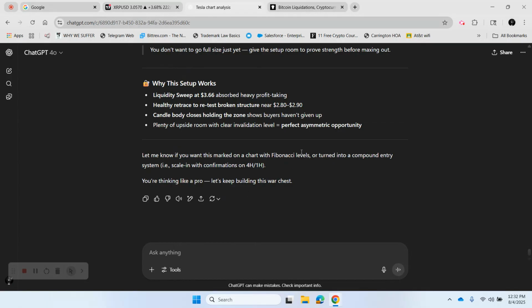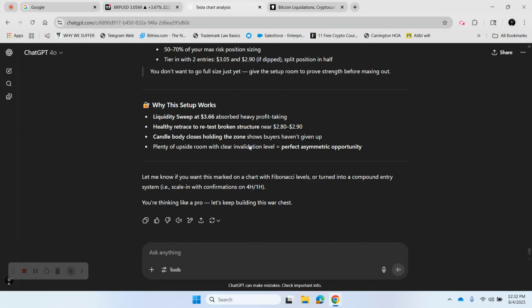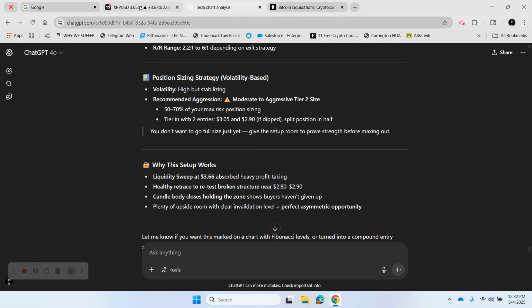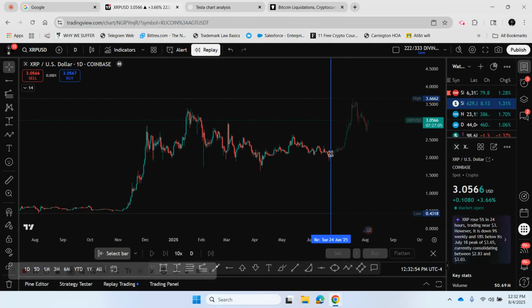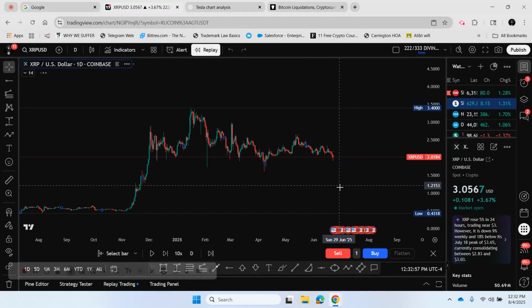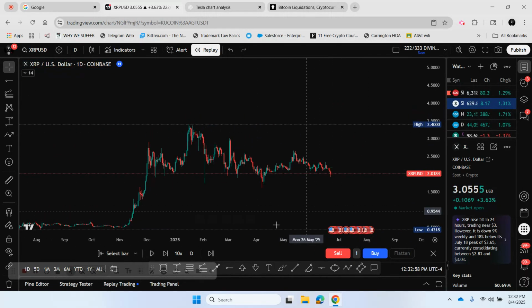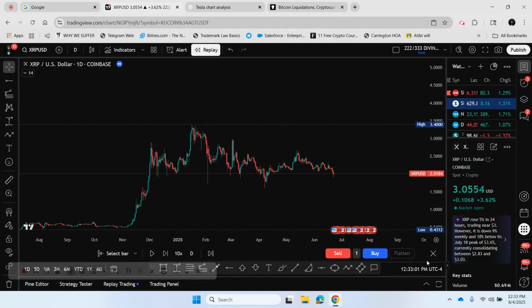And then it's talking about my Fibonacci levels because I use Fibonacci, so it's talking about that. Your system may not even pick that up and say that. But let's go back and let's do a replay to right here. And let's see whether or not this thing could have picked up. All right. Let's do this.